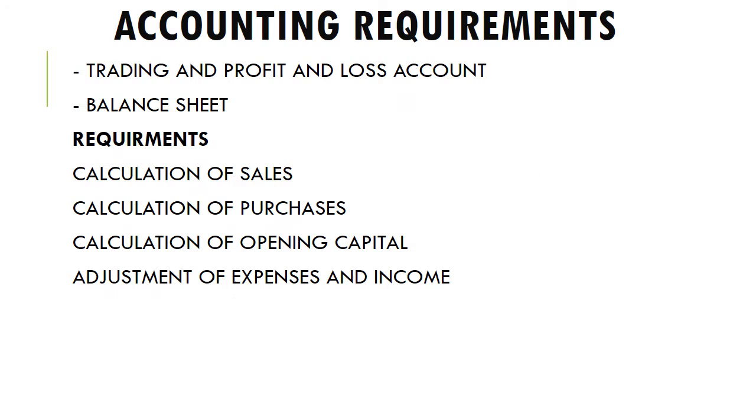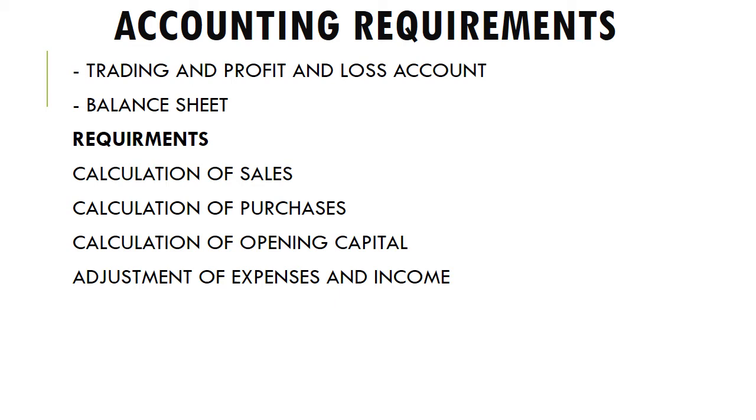So there are accounting requirements for any business, as we have discussed and as we are still discussing now. For any business, there's need for ascertaining the profits, and there's need for knowing the net worth of the business.